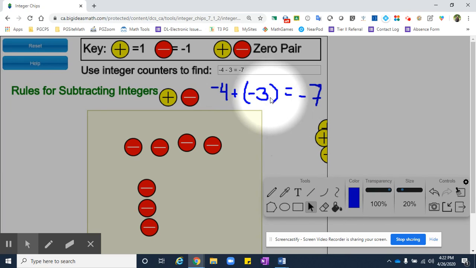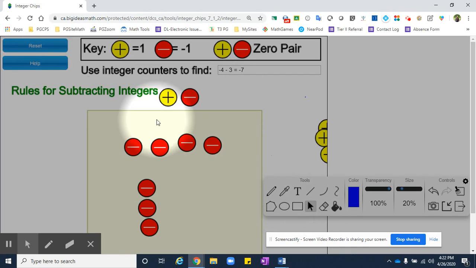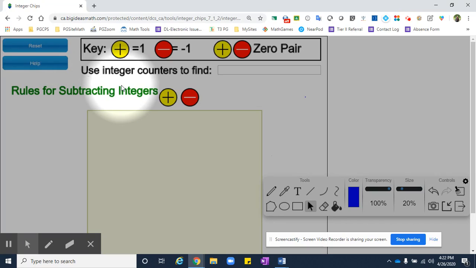So let's have another example. Let me erase this one, and we're going to reset this mat. Our next example, let's try -4, take away -3. Okay, -4, take away -3.